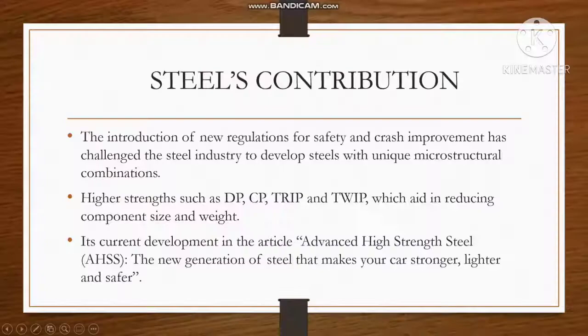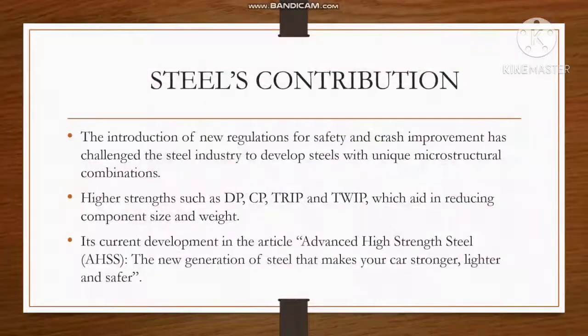Next, steel contribution. The new regulation for safety and crash improvement has challenged the steel industry to develop steels with unique microstructural combinations and higher strengths, such as DP, CP, TRIP, and TWIP, which aid in reducing component size and weight.